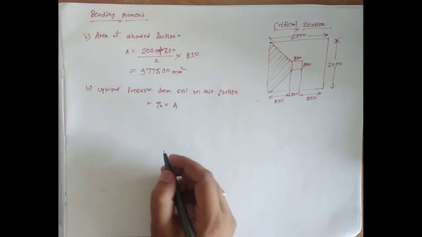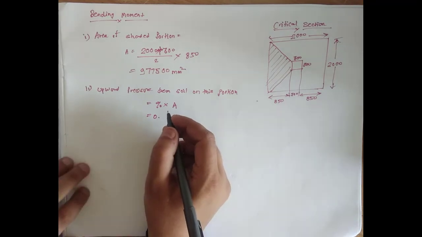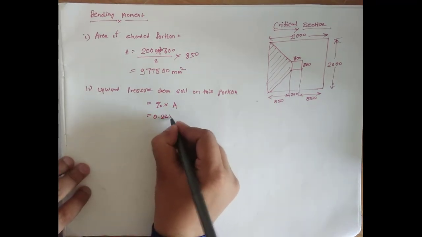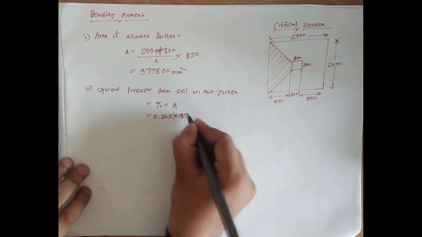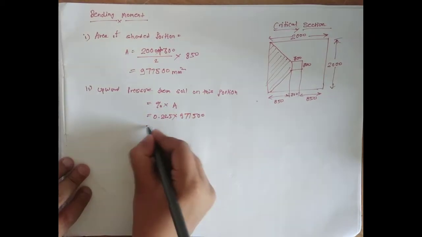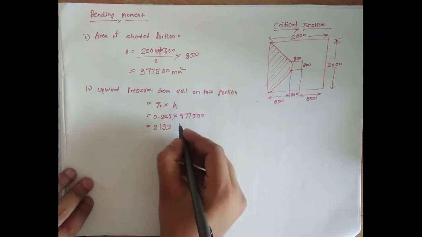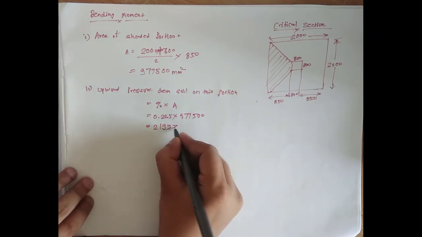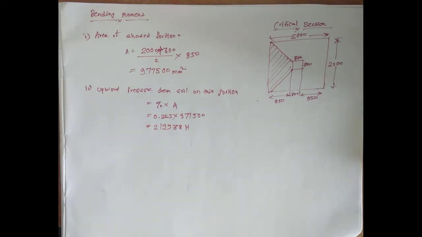This value we have previously calculated, that is the design pressure, which is 0.225, into the area. The shaded portion area is 977,500, so it comes out to be 219,938 Newton. So we have seen the area of the shaded portion, and we have also calculated the upward pressure.